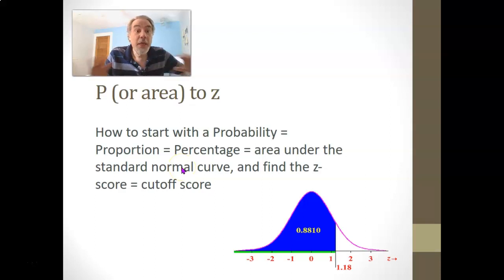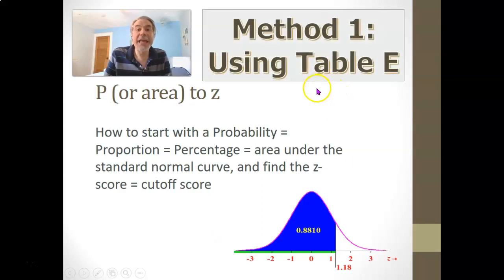Now we're going to look at the reverse of that, where you start with a p, a probability or a percentage or an area under the standard normal curve, and you find the z that goes with it, that marks the cutoff for that area. In this video, I'm going to show you how to do that using Table E. And then a separate video will cover how to do that using technology, like a graphing calculator.